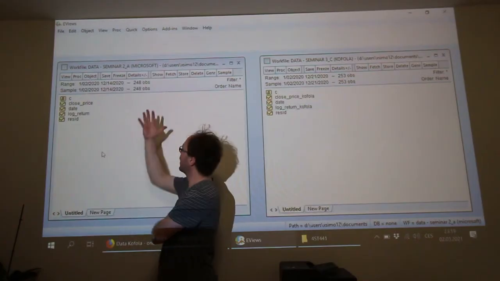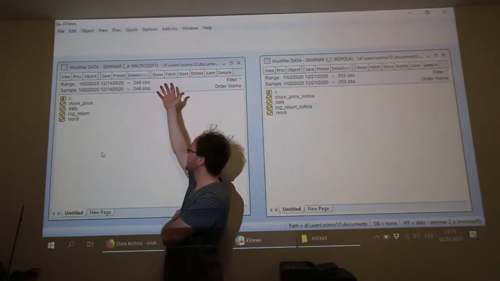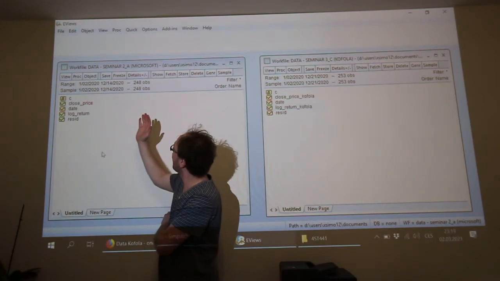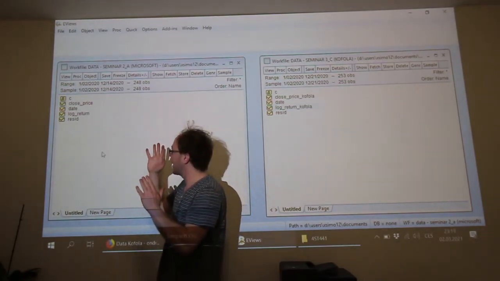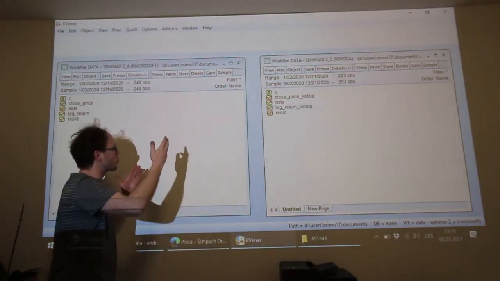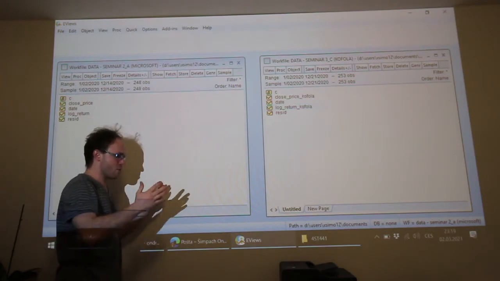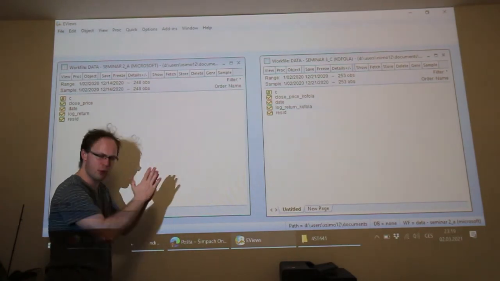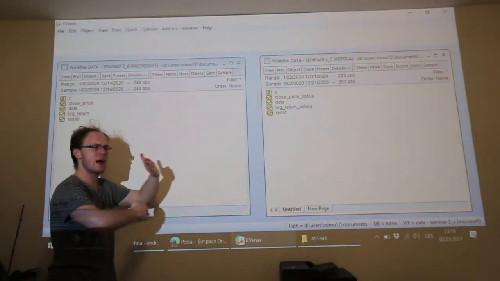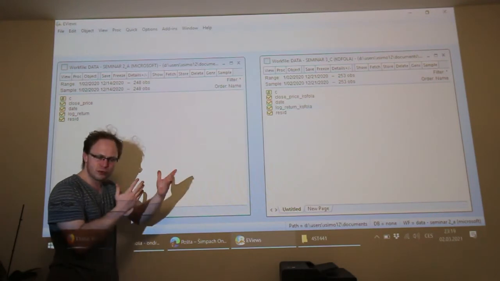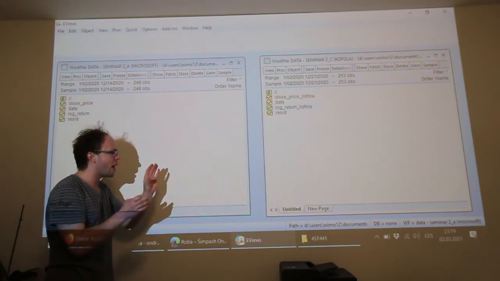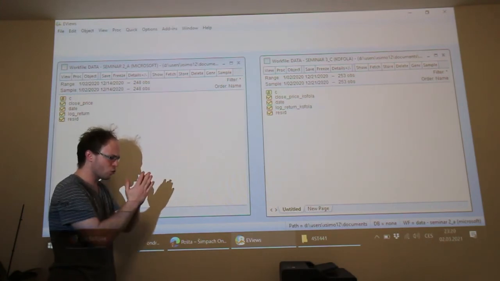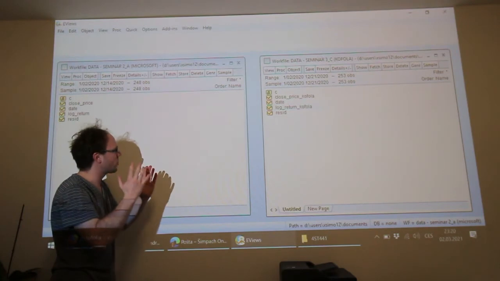We have here again the same data set with close prices and log returns of the Microsoft company, and we will try to use the Breusch-Godfrey test of serial correlation, which is based on an artificial regression. So we will try to create this regression model.